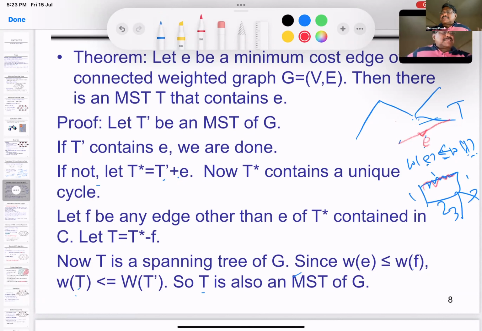If I select the first edge, I'm not going to go wrong, because this theorem guarantees that there is a minimum spanning tree where this edge is present. Yes or no? Yes, sir. So this is the importance of this particular theorem. Theoretically it may not be very important, but it is important for designing algorithms. So this kind of small result you have to develop, and then together you use it to show the correctness.